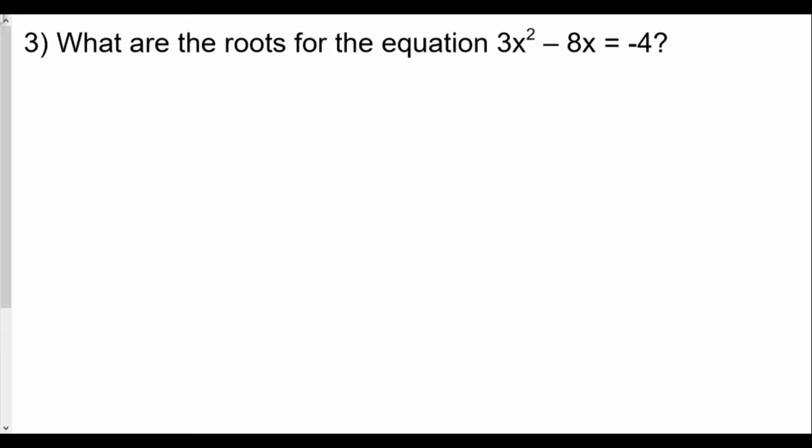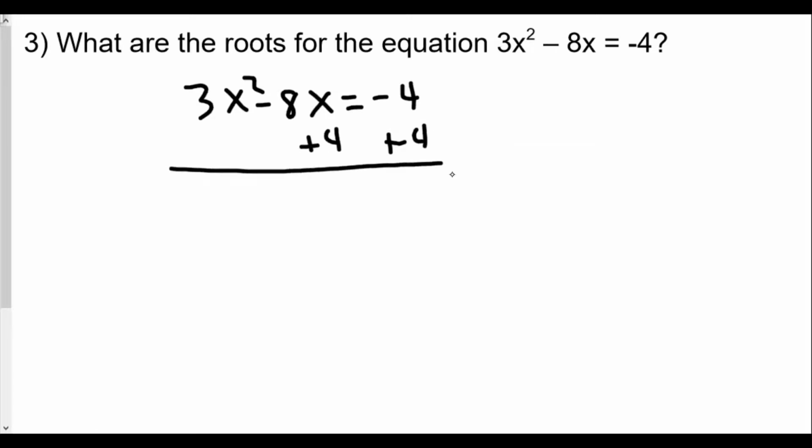So the very first thing we'll do for 3x squared minus 8x equals negative 4 is add 4 to both sides. Whenever we solve a quadratic equation like this, we always want to keep the squared variable positive. It makes it easier for us to factor. So now we have to factor 3x squared minus 8x plus 4.